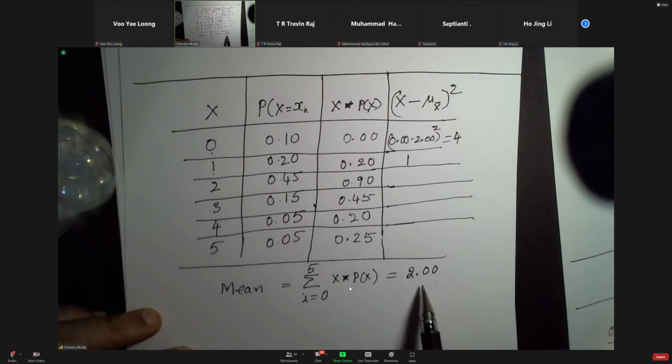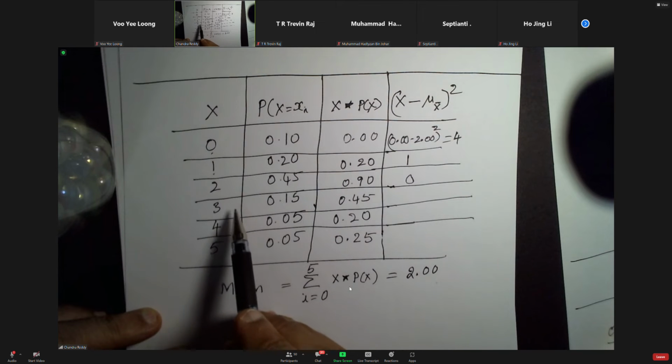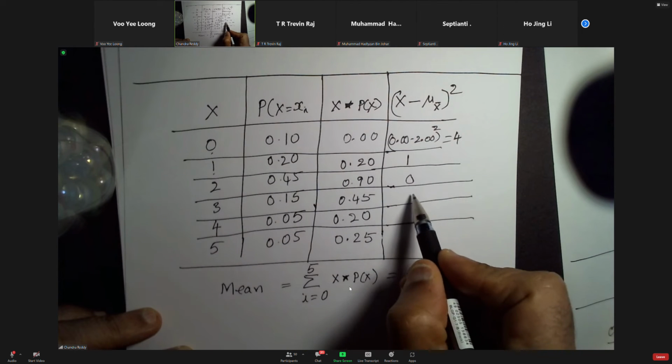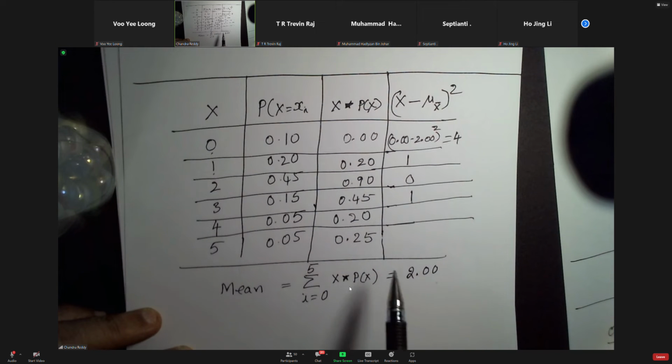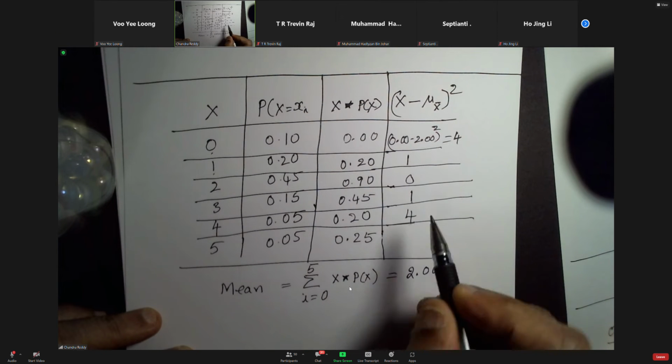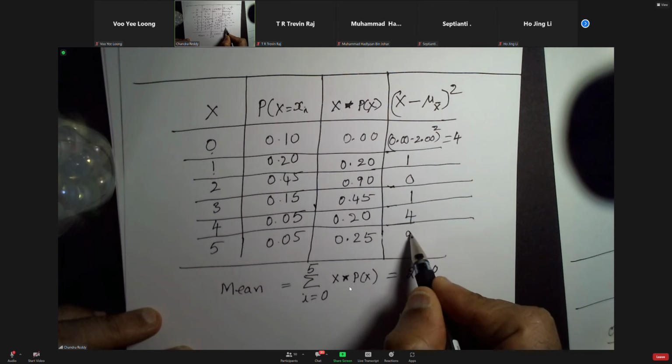Then 2 minus 2 is 0, 0 square is 0. Then 3 minus 2 is 1, 1 square is 1. Then 4 minus 2 is 2, 2 square is 4. Then 5 minus 2 is 3, so 3 square is 9.